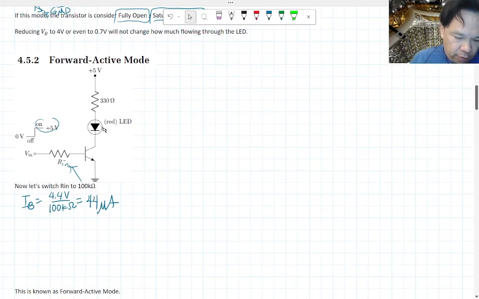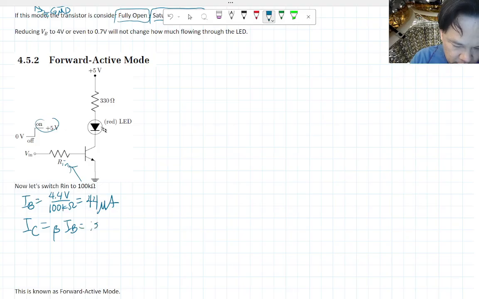Okay, 44 microamp. If your current gets amplified by beta, and we're assuming beta is about 100, that's actually 100 times 44 microamp. This gets us back to 4.4 milliamp.